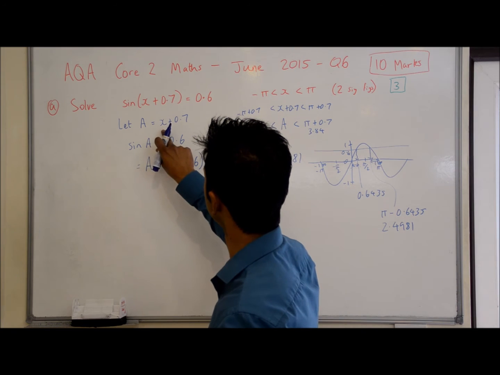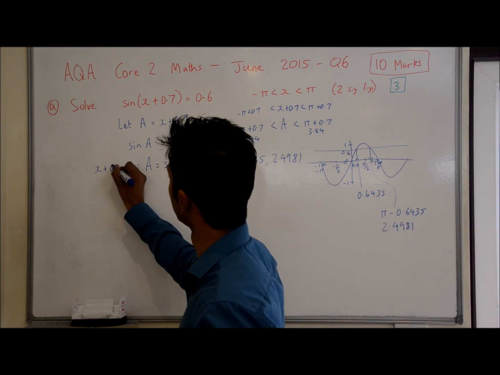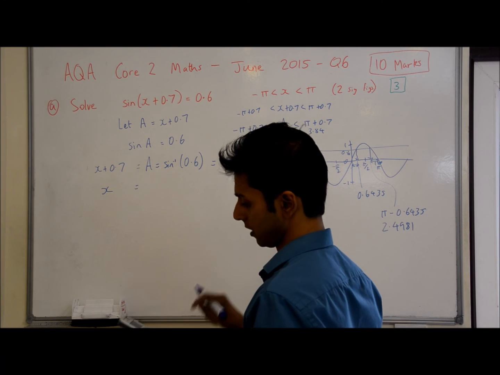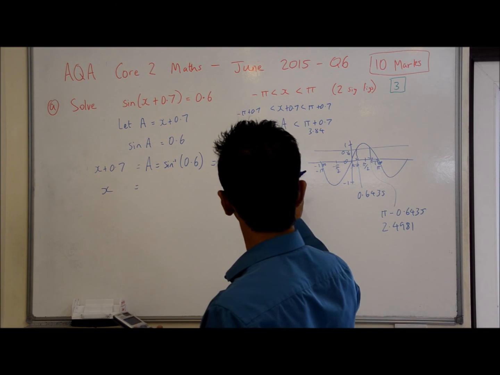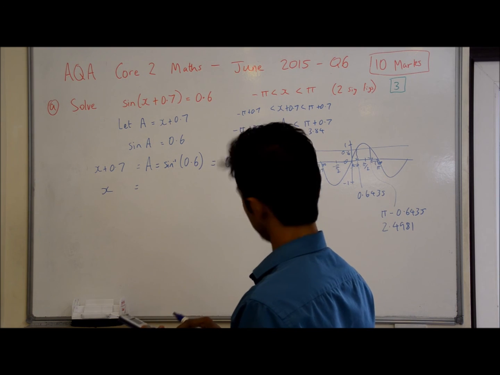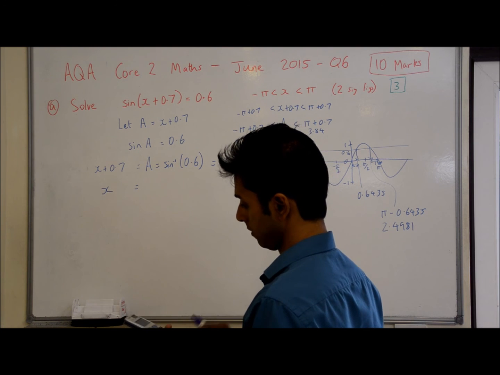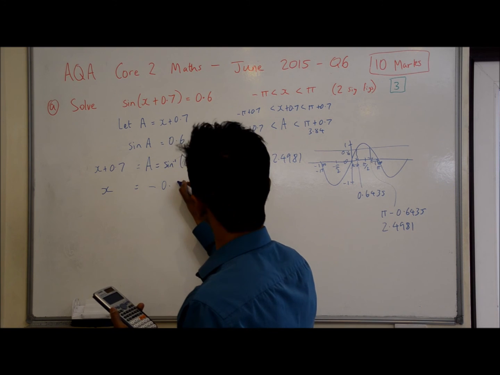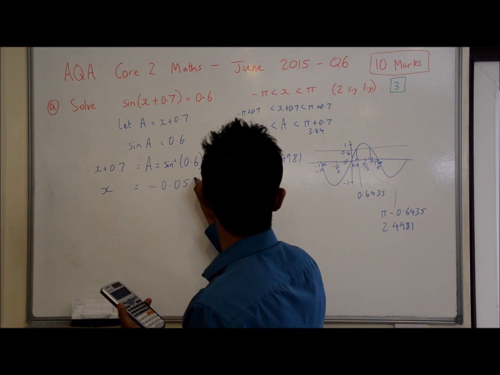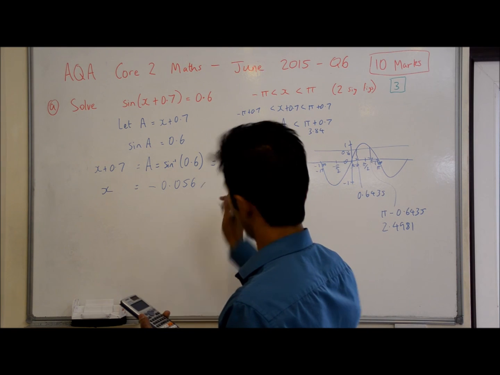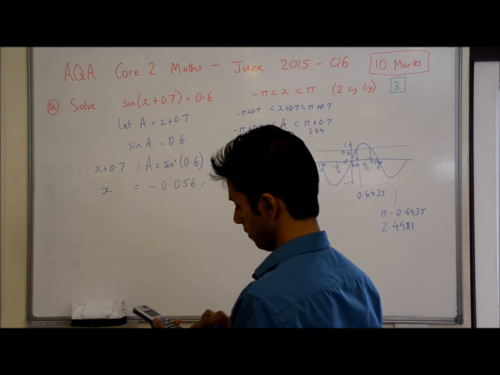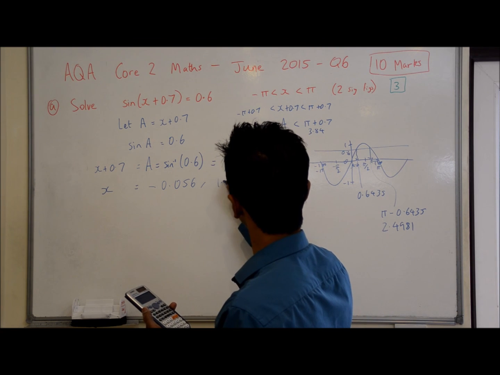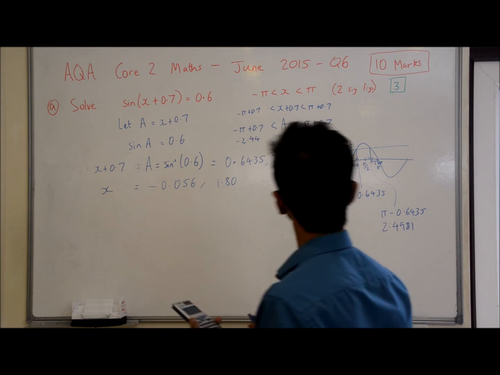Now A is equal to x plus 0.7, so in order to get x, all I need to do is subtract 0.7 from each of these. 0.6435 take away 0.7, I get minus 0.056 to 2 significant figures, and 2.4981 minus 0.7, I get 1.80 to 2 significant figures.